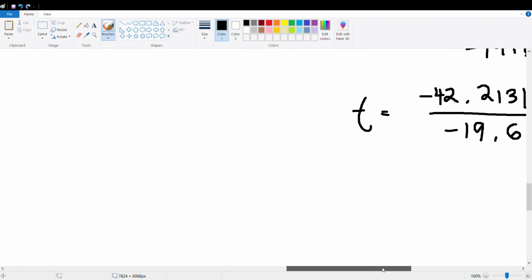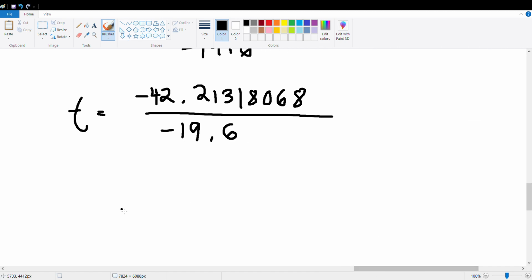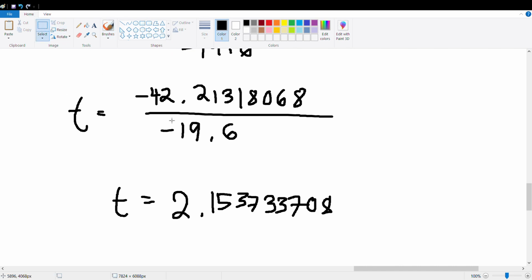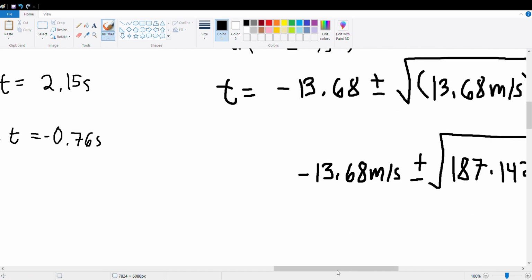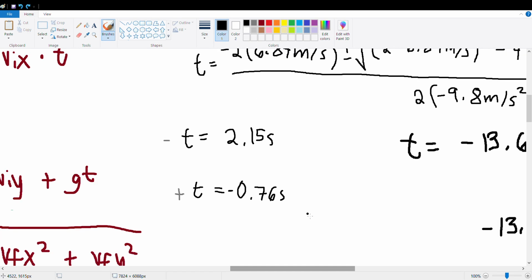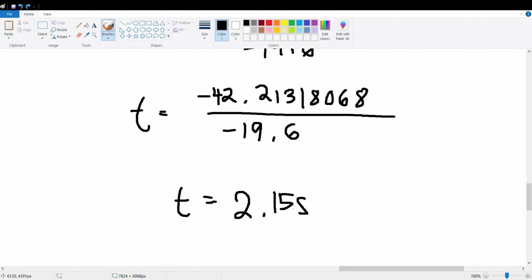And wait, if now minus that, I mean divide that, divided by 19.6, it should give us a total of 2.153733708, which is 2.15 seconds. And that's what we got. That is exactly what we got in our value here. So we will use this for the time formula.